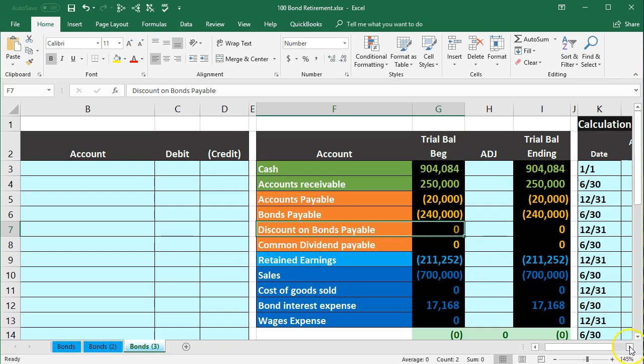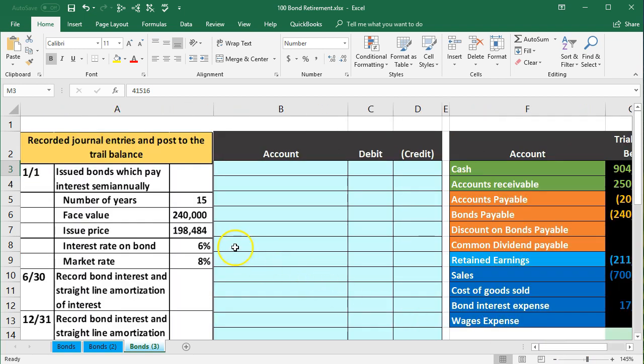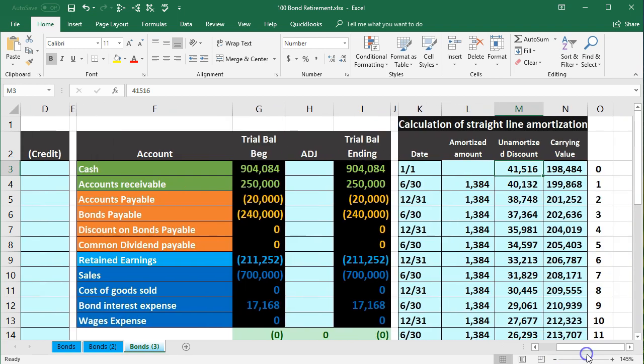In order to see that, if we look at our amortization table, the discount started at 41,516, which is 240,000 minus the cash that was received of 198,484. Then we lowered that discount every 6 months, and we recorded a journal entry lowering it by the 1,384.